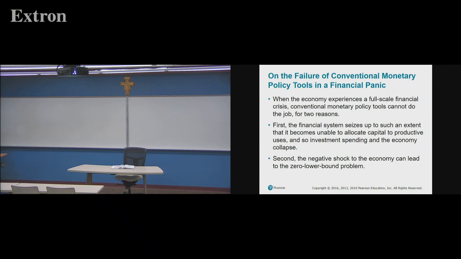Second, a negative shock to an economy can lead to what's called the zero lower bound problem. This is what happened in the financial crisis. The Fed pushed the federal funds rate down to 0 to 25 basis points, and that's as low as they can go.